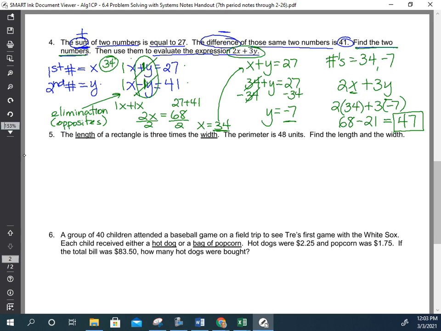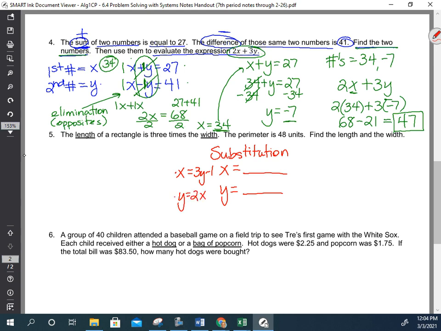I have a question. How do you know whether it's elimination or substitution? So the question was, how do we know whether it's going to be substitution or elimination? Remember, for substitution, you either want x equal to something or y equal to something. For example, x equals 3y minus 1, and y equals 2x.